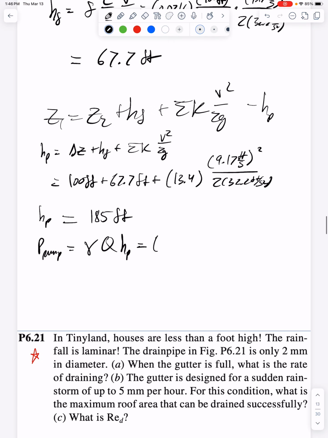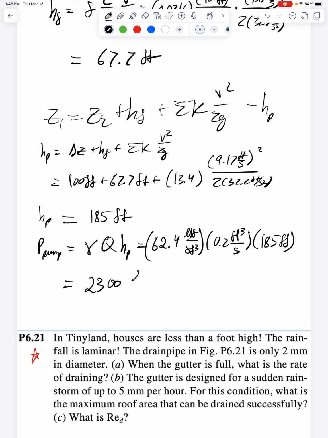It's water, so gamma for water is 62.4 pound force per cubic foot, times Q, with Q being 0.2 cubic feet per second, times hp, 185 feet. Overall, the power of the pump comes out to 2,300 pound force feet per second. I want to turn it to horsepower, so I divide by 550, since 1 horsepower is 550 pound force feet per second.